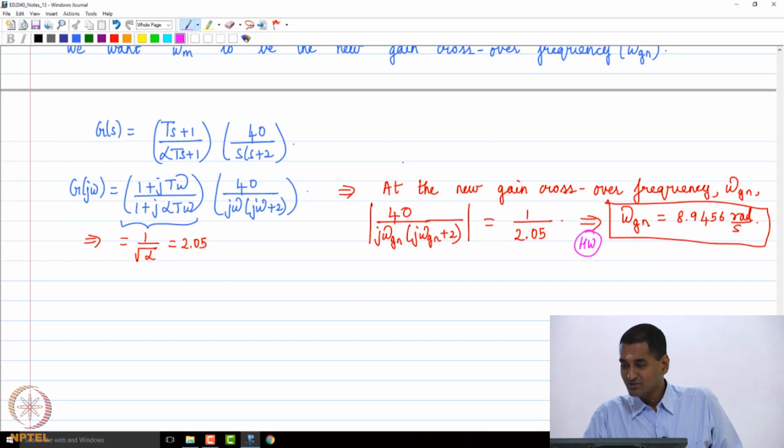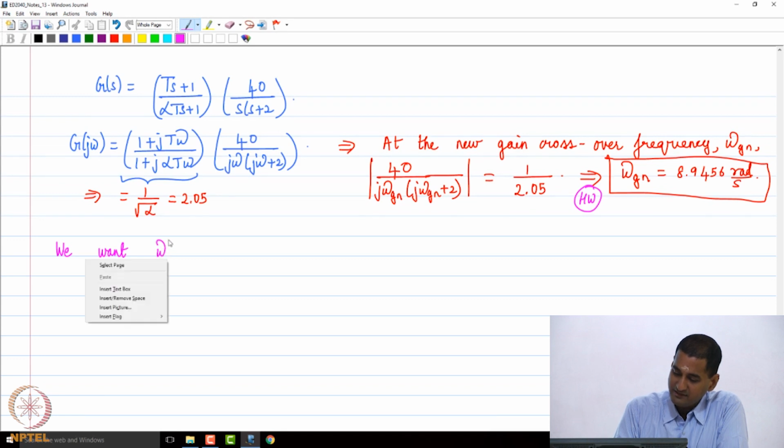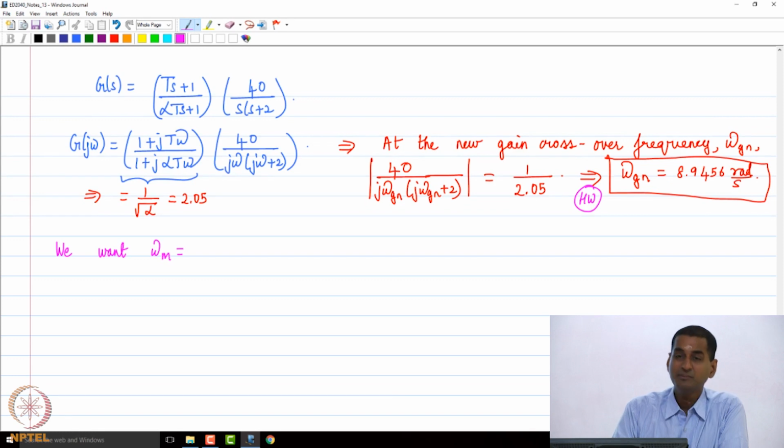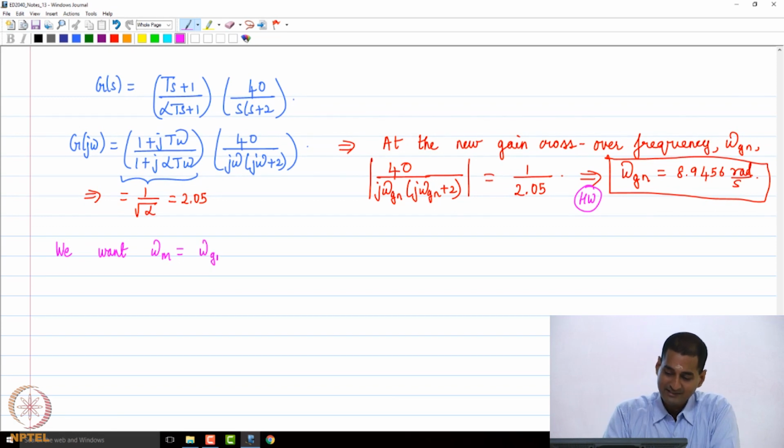Okay. So we are almost there, right? So now note that we want omega m, which is the frequency where the lead compensator provides the maximum phase, to be omega gn.